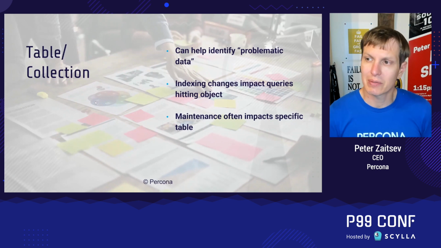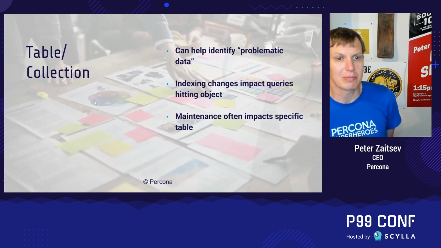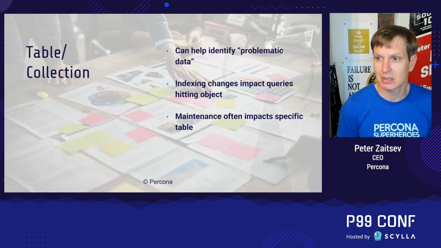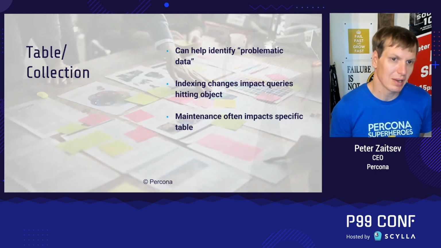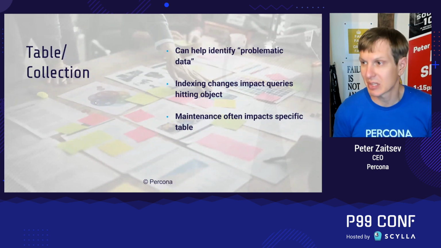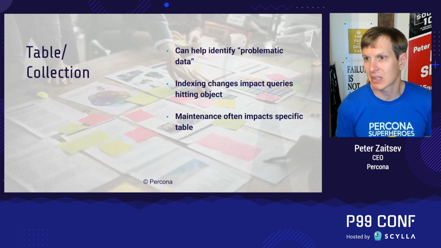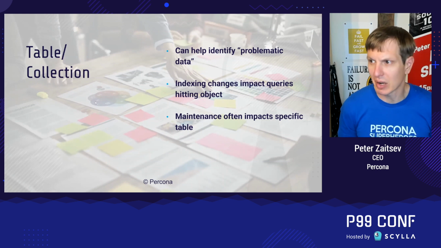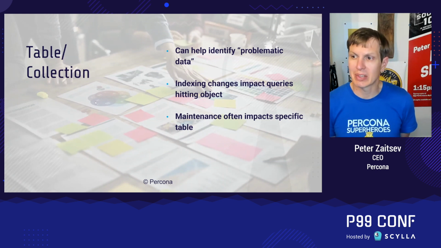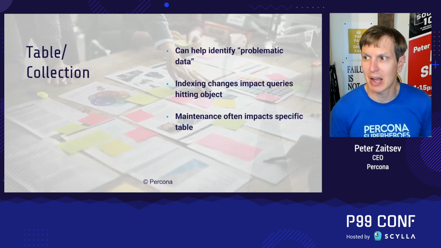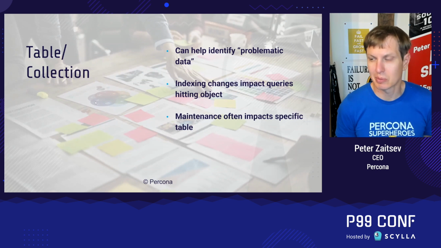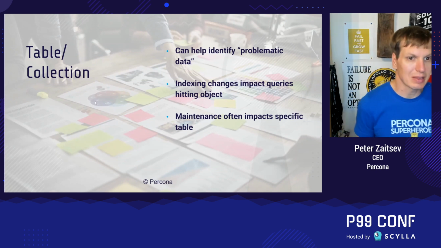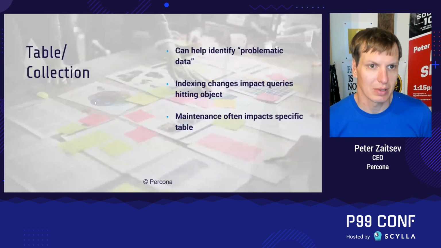But also the reason to do that is because many operations such as indexing, maintenance, and so on, are table specific. Many problems such as index bloat can be specific to the table as well, right? So being able to see what is happening with the queries which hit a particular table is often very helpful to point out that the table needs some love.